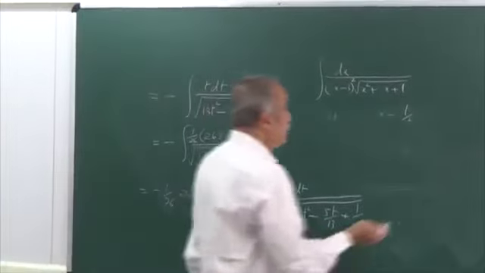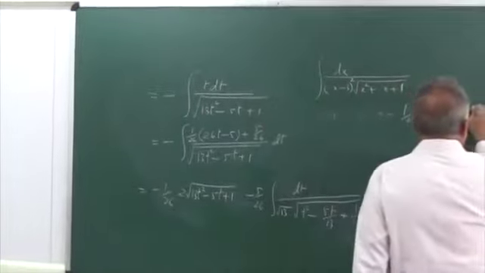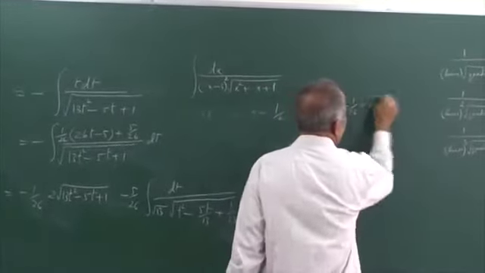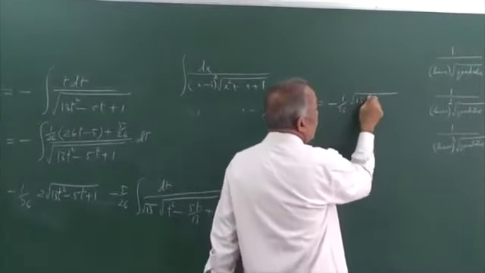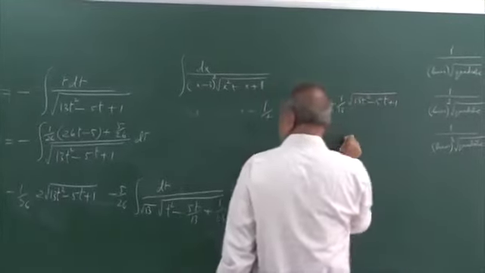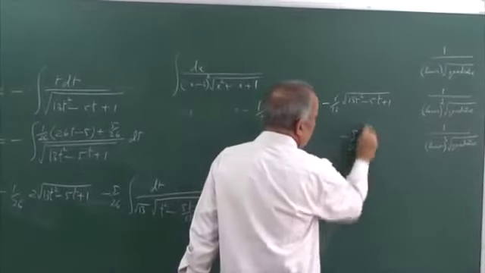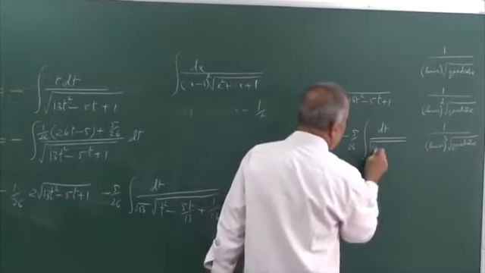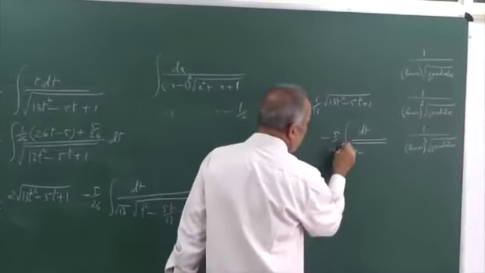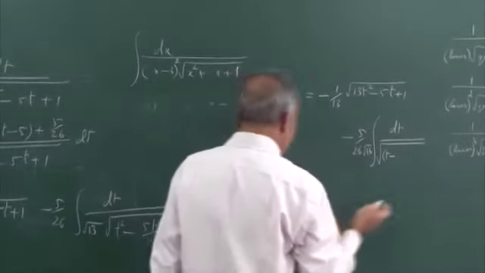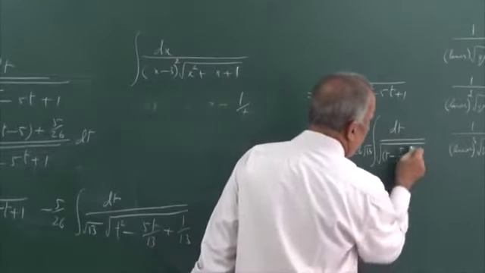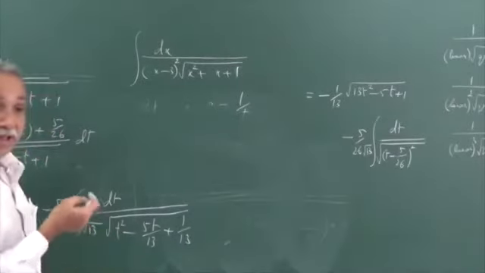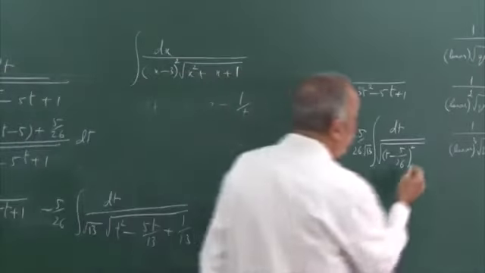On applying method of completing squares, I get first term as it is, second term, plus some adjustment needed to obtain the constant as 1 by 13.